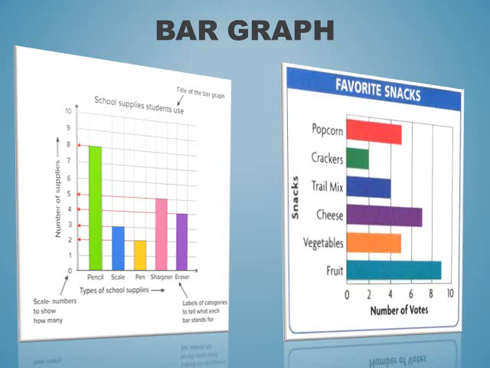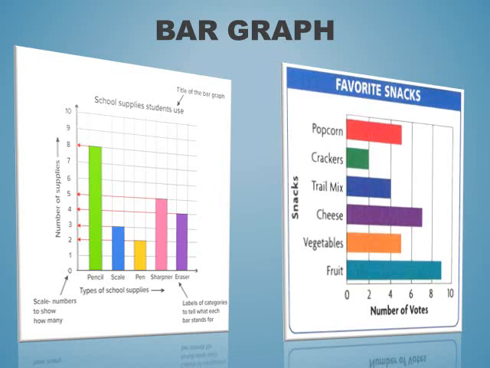In the second table, I have about the favorite snacks. You can see the scale at the bottom. It is 0, 2, 4, 6, 8, 10. But in the first table, it was 0, 1, 2, 3. You can choose the way you want to write your scale.